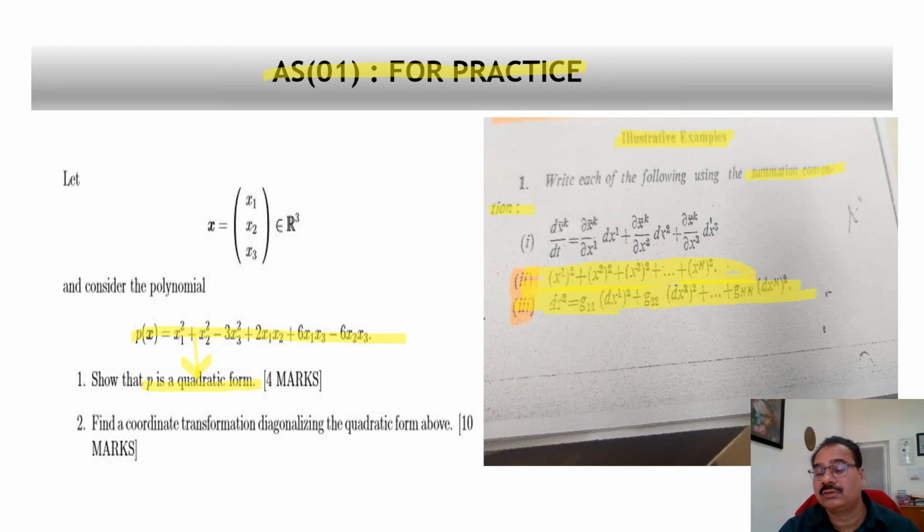We want all three problems from you, so write and practice these three problems, so that with the basics of tensors you may be able to study tensors as a whole.